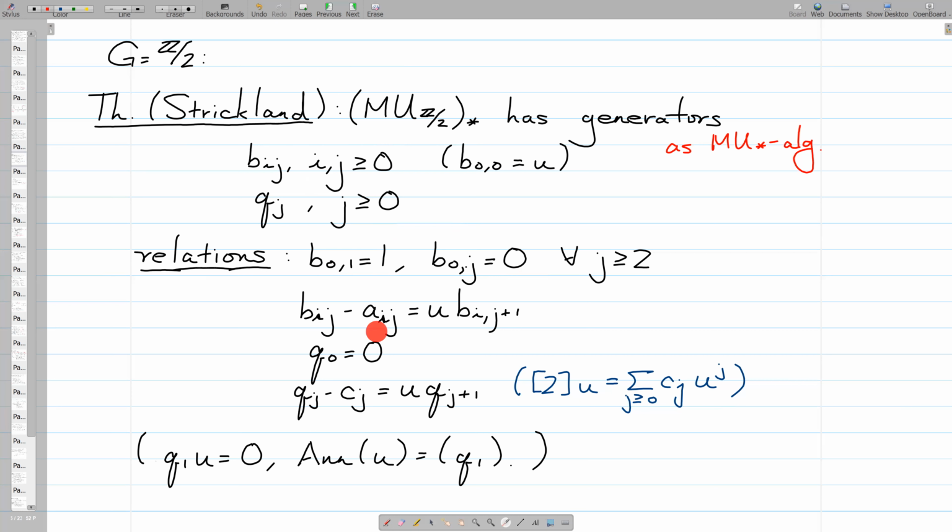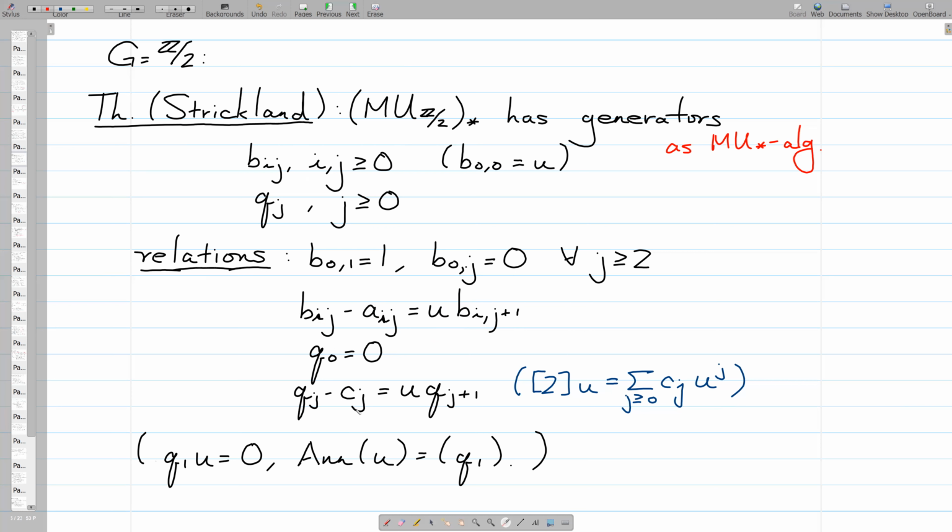b_ij minus a_ij. Remember, a_ij is a constant. It's an element of mu star, which is a coefficient of the formal group law. Once you do b_ij minus a_ij, you can divide it once by U, and that quotient is b_{i,j+1}. So for each i there's a sequence of b_ij. q_0 is 0.